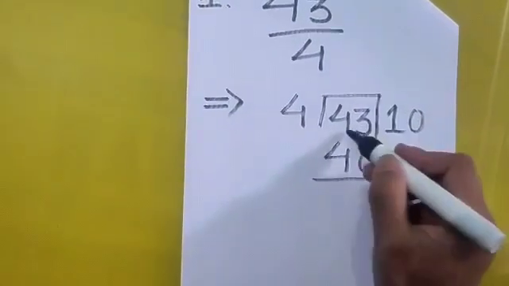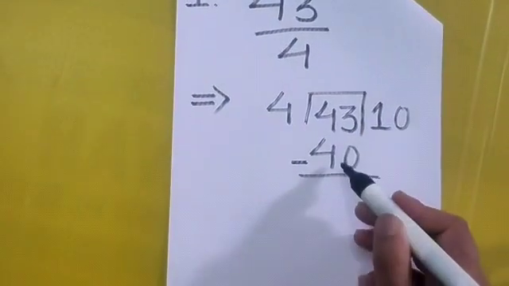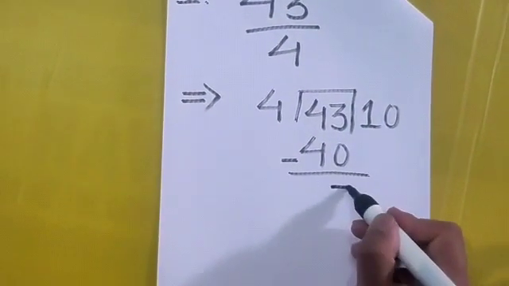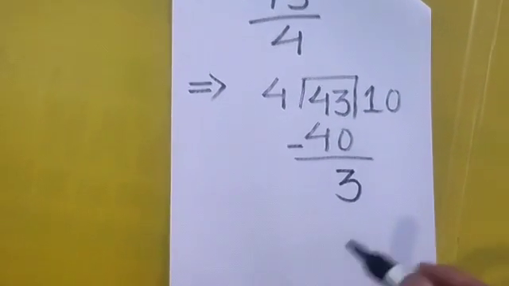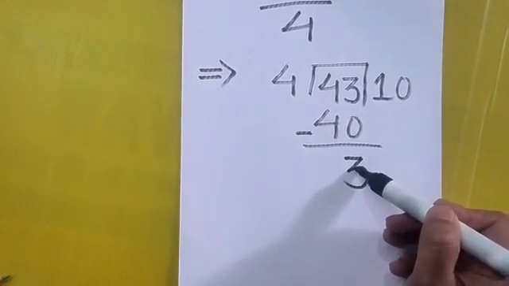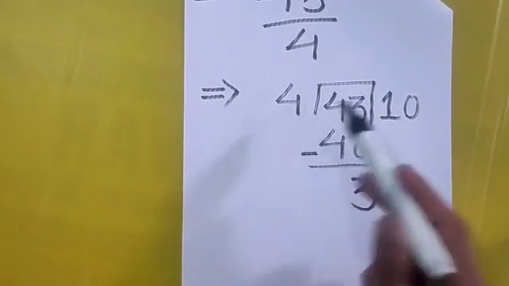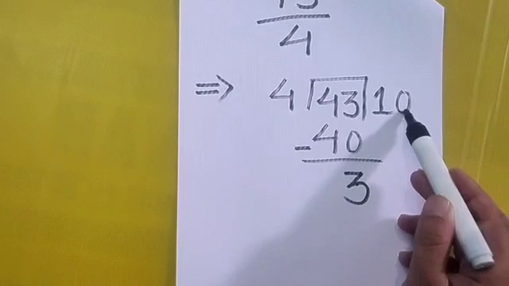Now we will subtract 40 from 43, and we will get 3 here. 3 is the remainder, 4 is the divisor, and 10 is the quotient.